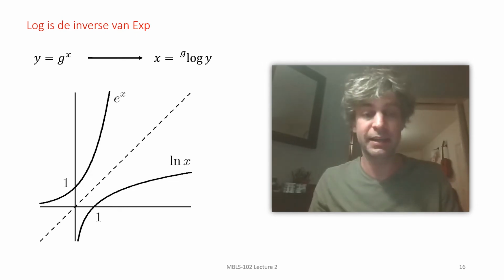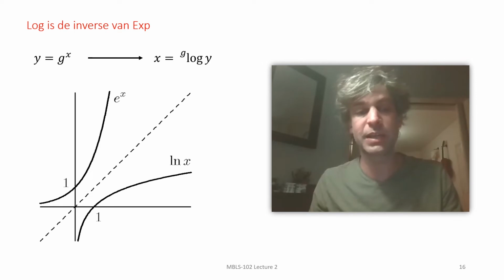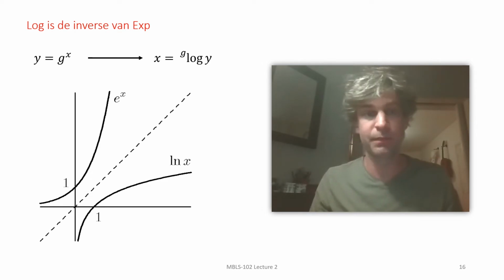So you see that here, the bottom function is the graph of ln, and the top function is the graph of e^x. For example, you know that e to the power 0 is 1, and the other way around, ln of 1 is 0. So they are each other's inverse, and you can use that in your computations, for example.